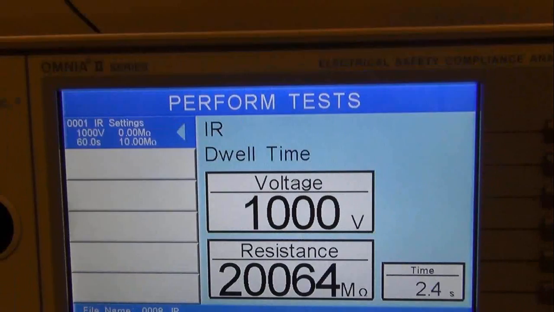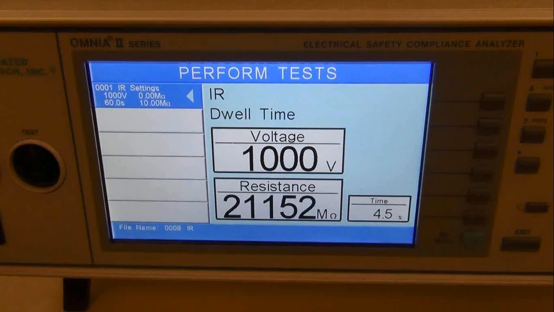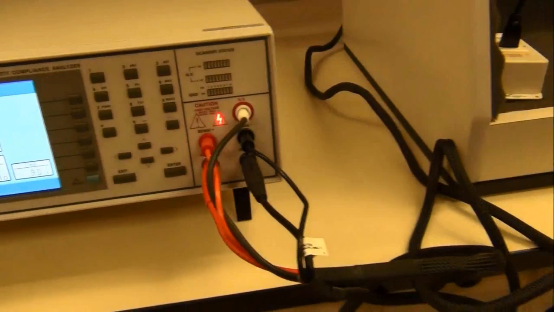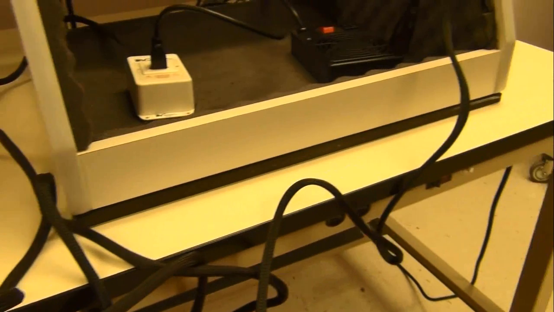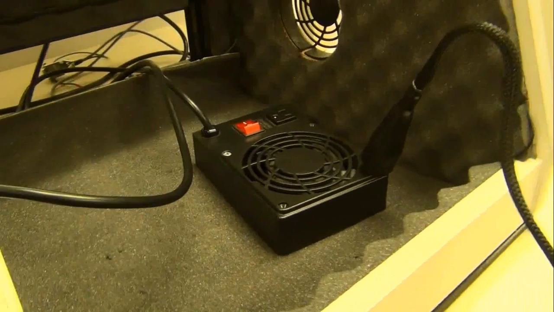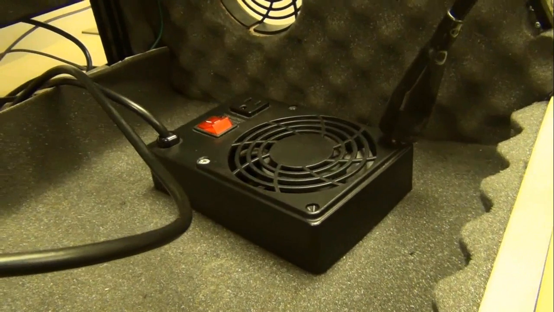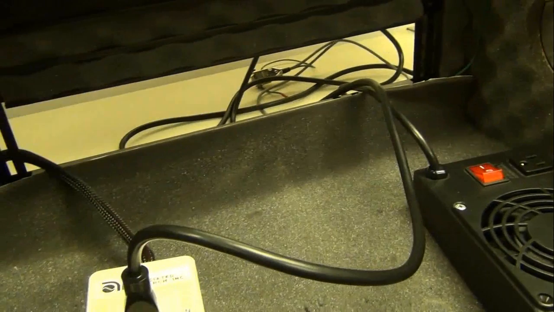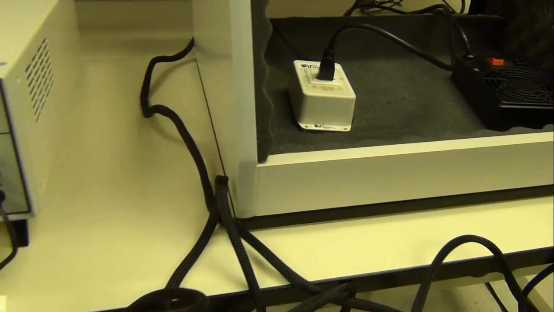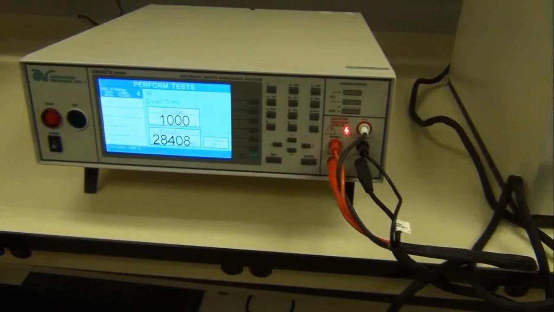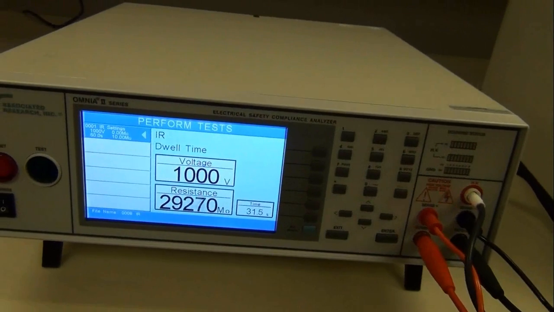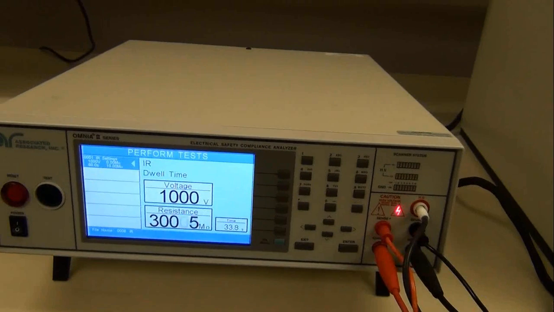So basically the product that we're testing here was plugged into an adapter box which is connected to the Omnia, and the adapter box is where the high voltage is being applied by shorting the line and neutral of this product, and this black lead that's connected to one of the screws or the chassis of the product is providing the return path for the circuit to complete and give us a measurement, give us a reading.